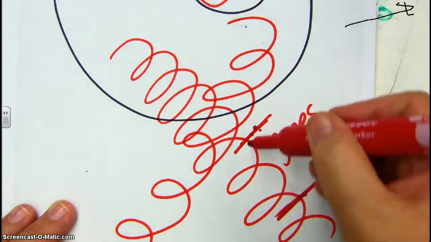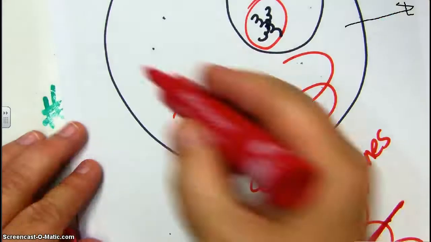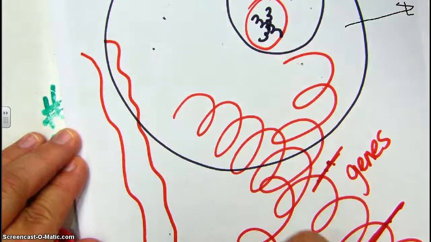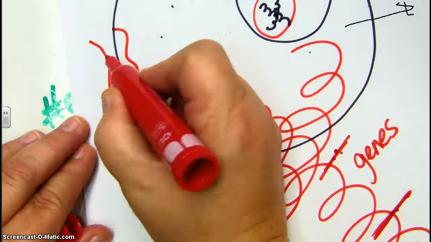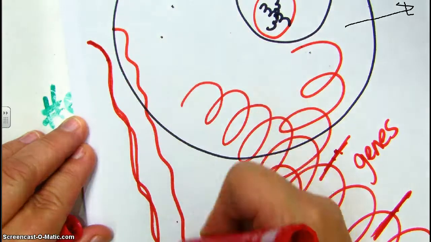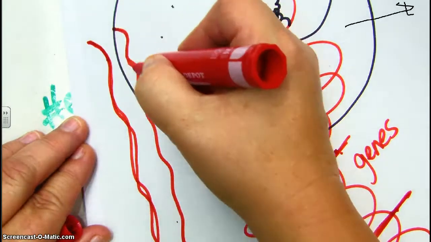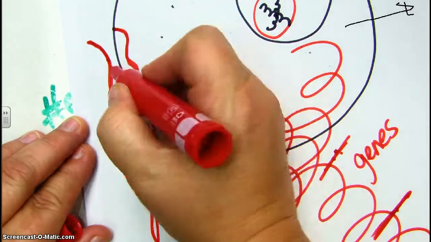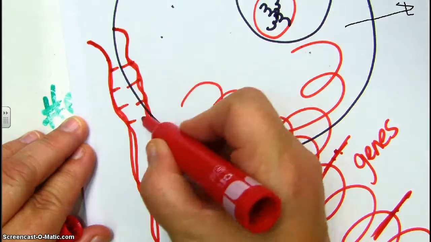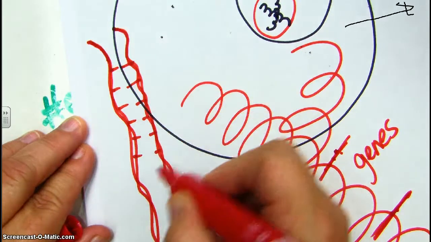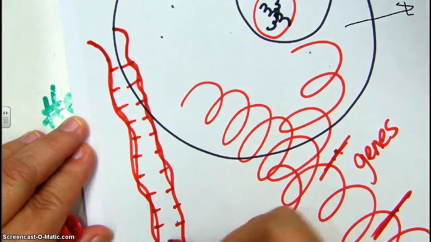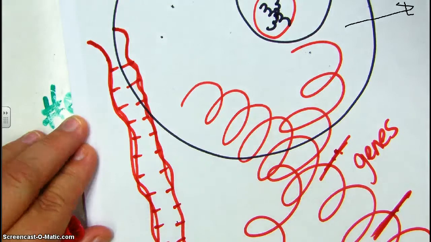Now, if I take that and unwind it so that I just have my DNA, we know that DNA is double-stranded and it's got phosphate and sugar backbones, and it has nucleotide bases. And each of those nucleotide bases actually is a code for something.